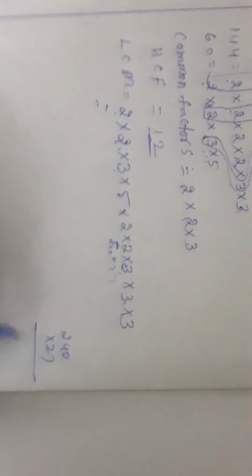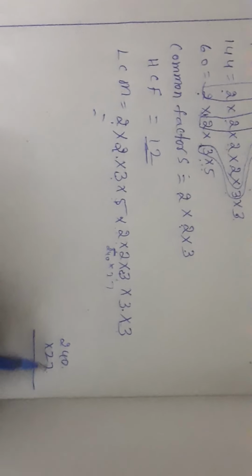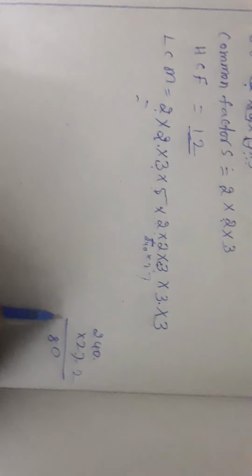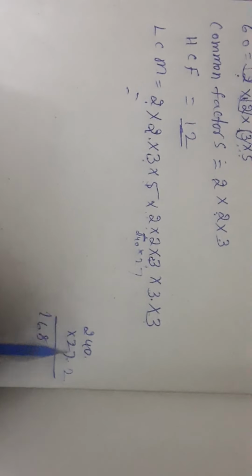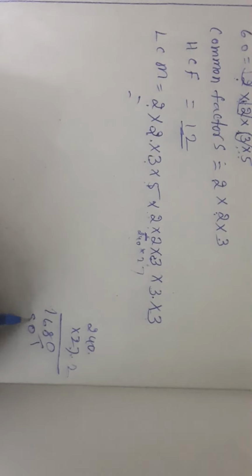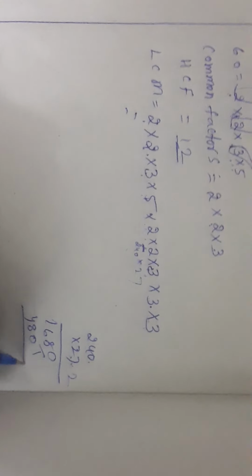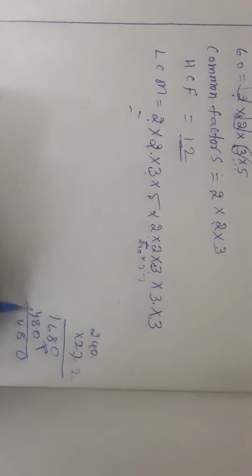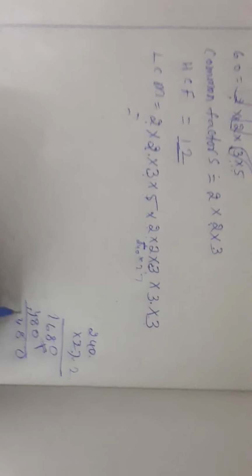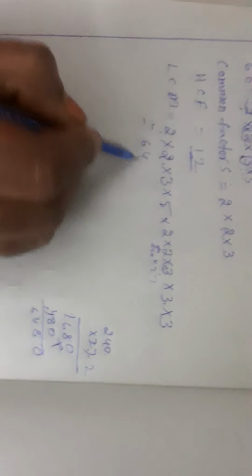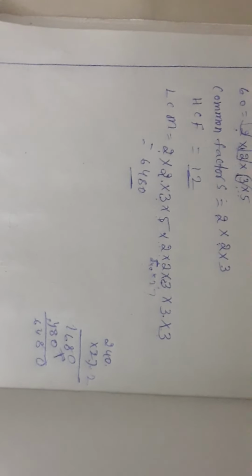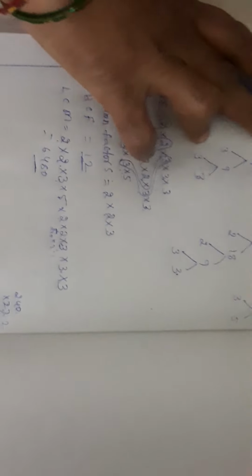So 240 into 27. 7 zeros are 0, 7 4s are 28, 7 2s are 14 plus 2 is 16. 2 zeros are 0, 2 4s are 8, 2 2s are 4. 6480. This is the LCM of 108, 144 and 60.